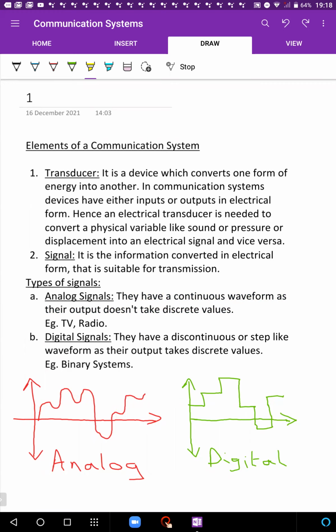Digital signals, on the other hand, have discontinuous or step-like waveforms as their output takes discrete values. Okay, so examples of digital, first of all, they look like this. You can clearly see the output is taking only integral or digital values, specific values, discrete values. It's used in binary systems. Your entire computer successfully works in zeros and ones.